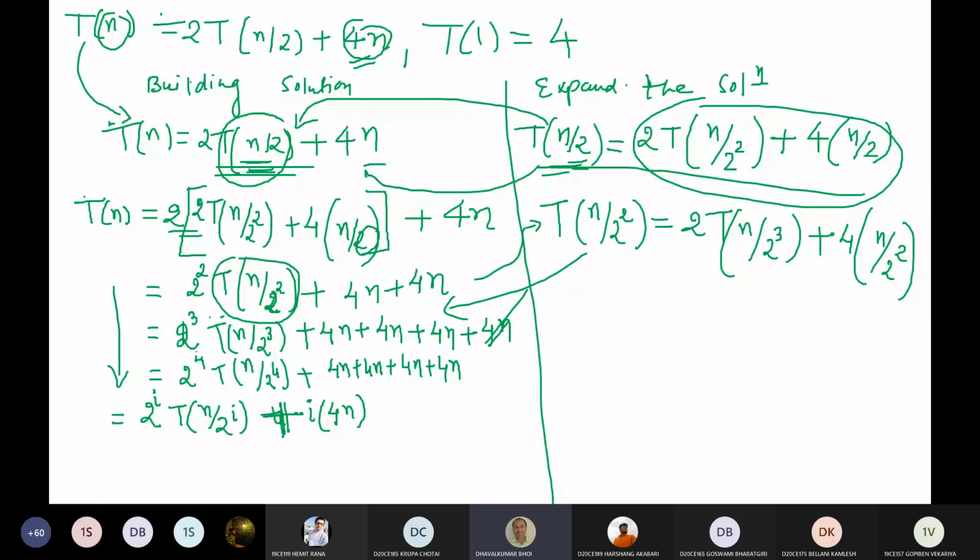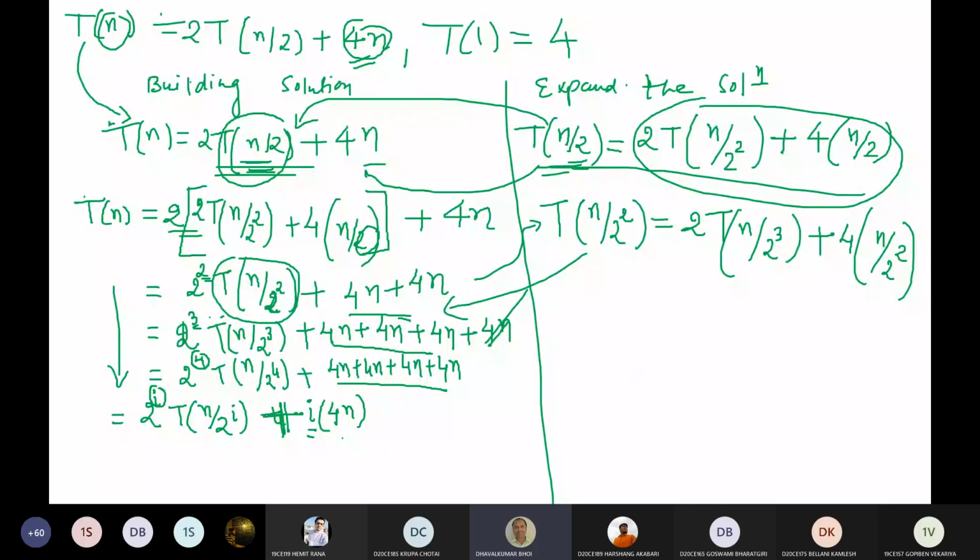If I have written 2 raised to 4 here, how many times am I getting 4n? 4 times. If I have written 3 here, 3 times. If I have written 2 here, then I am getting 4n 2 times. Same way, if I write 2 raised to i, t of n divided by 2 raised to i, plus i times 4n.